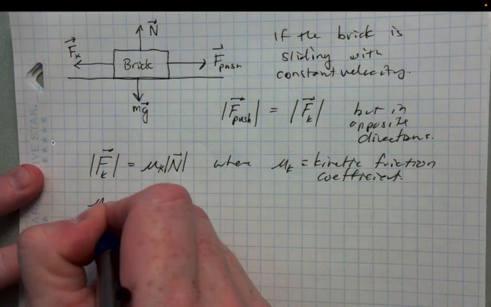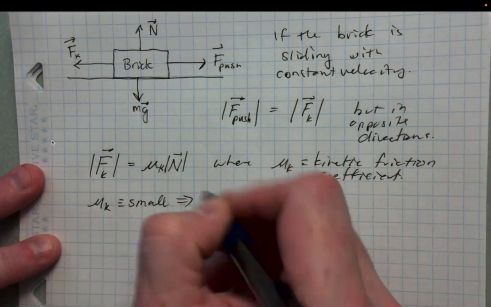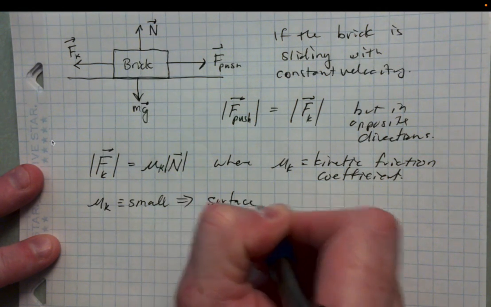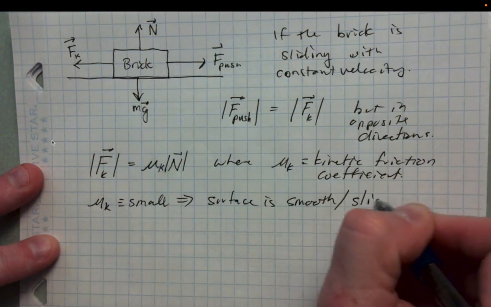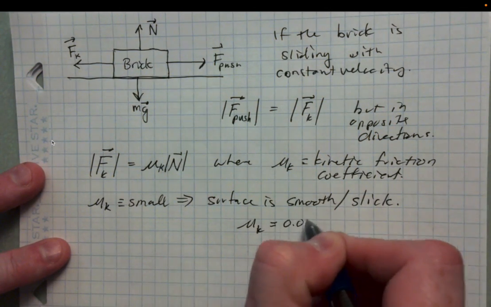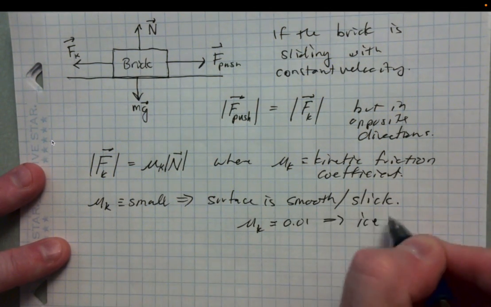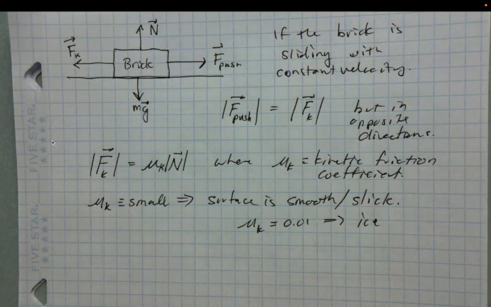If mu sub k is small, then the surface is smooth or slick. If mu sub k is like 0.01, that's like ice. It can be even smaller, so lubricated and slippery that it's virtually 0. I don't believe mu sub k can actually be 0.